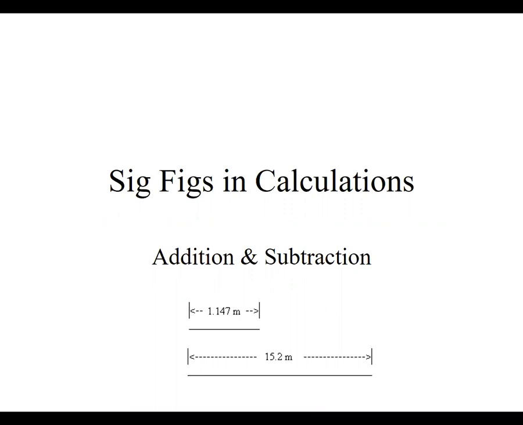Now let's say that I have 2 pieces of string. One of them is a lot longer than the other. The shorter piece of string I can measure with a ruler that lets me nail down the length to the nearest thousandth of a meter, or millimeter. And so carefully using that measuring device, I conclude that that shorter piece of string is 1.147 meters.